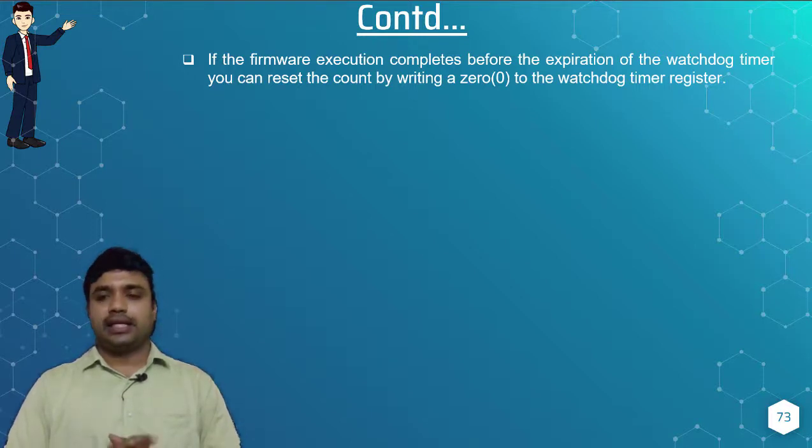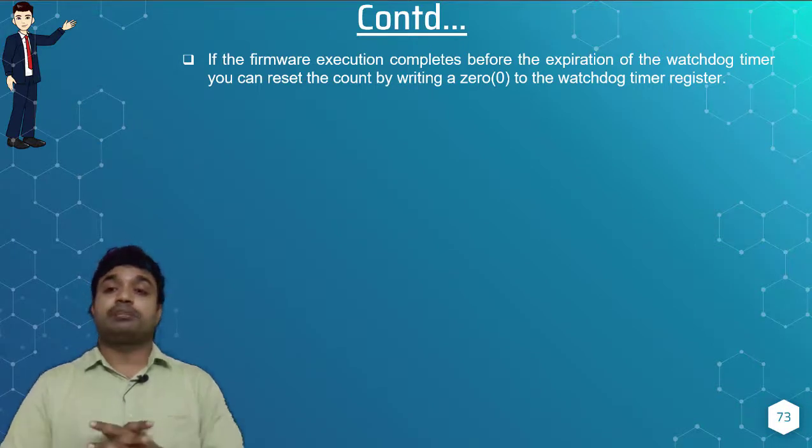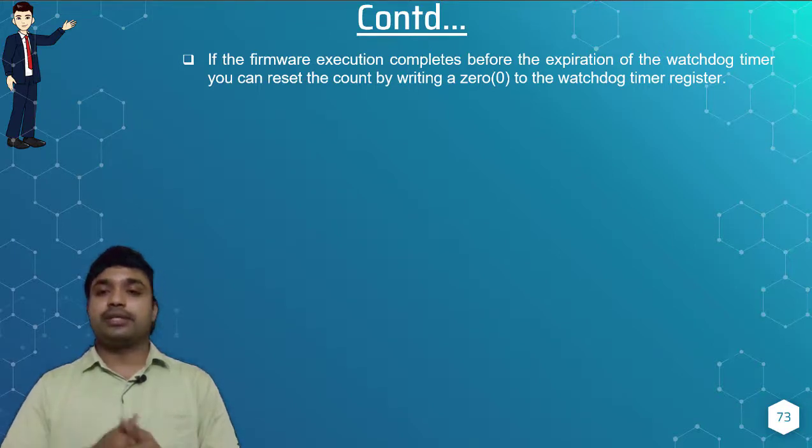That means if the execution completes before the expiration, you can reset the count operation by writing a 0 to the watchdog timer register. That means we can reset the watchdog timer operation by writing a 0 into the watchdog timer register. This operation is going to be performed by the programmer.